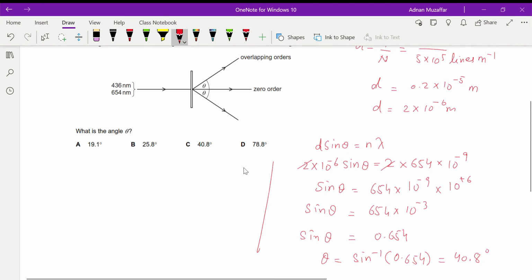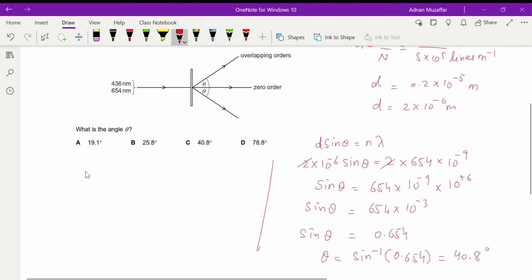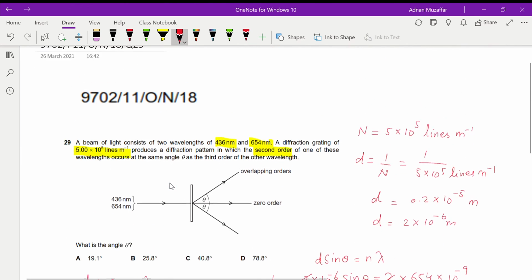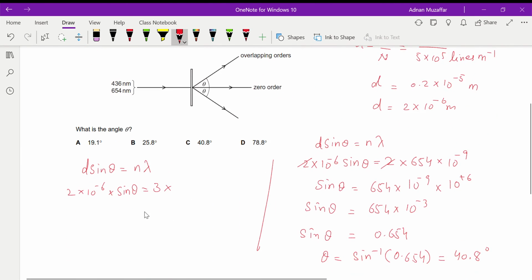So third order, it means I need to use d sine theta equals n lambda again, and d was 2 into 10 to the power minus 6 into sine of theta. Now for the order, we have to use third order, which is 3, and the other wavelength. The other wavelength was 436 nanometers. Nano means 10 to the power minus 9.